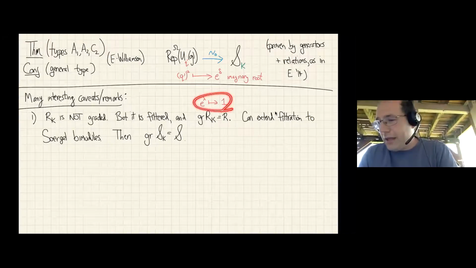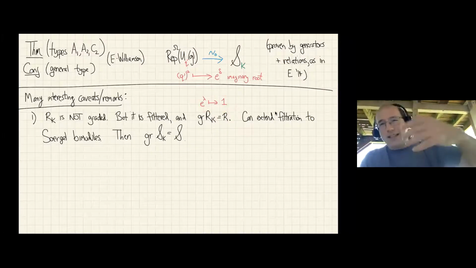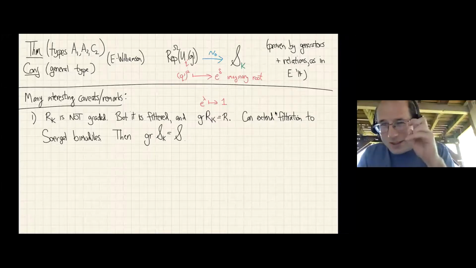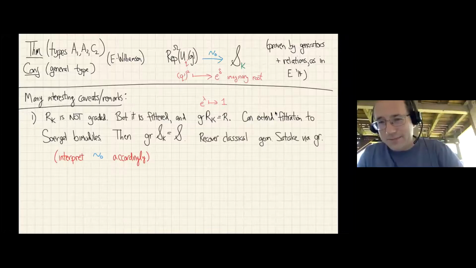So you could look at filtered degree 0 maps, modulo filtered degree 1 maps, and that's what this is supposed to mean. It no longer makes sense to say an equivalence to degree 0, but it's an equivalence to filtered degree 0 in some sense. So you have to take that with a grain of salt, but it's easy to reformulate.